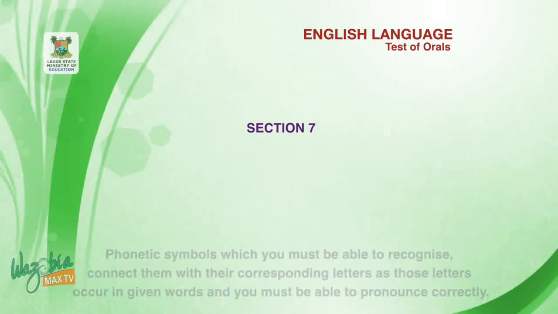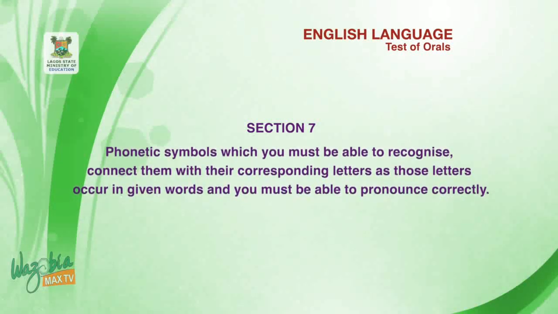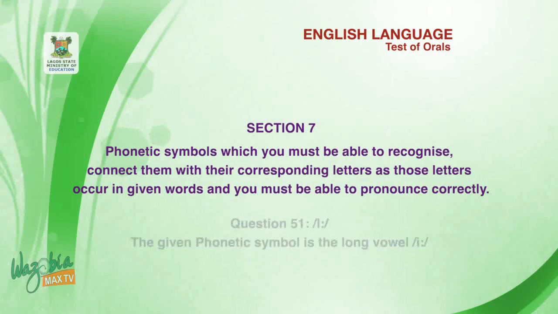Section 7. This is similar to sections 1 and 2, but here there are phonetic symbols which you must be able to recognize, connect them with their corresponding letters as those letters occur in given words, and you must be able to pronounce correctly. Practice question 51.